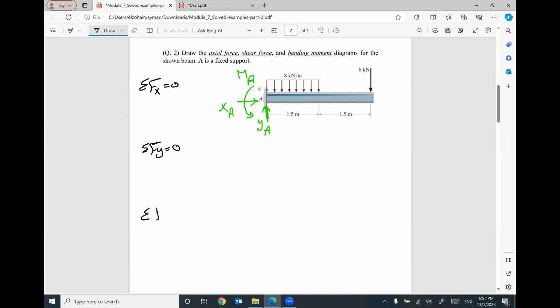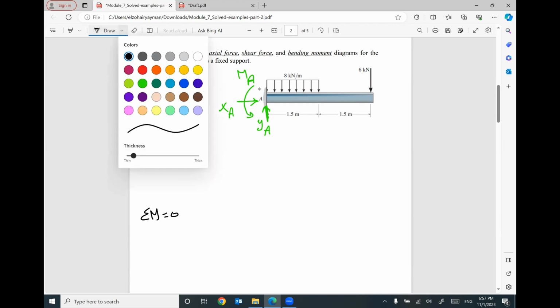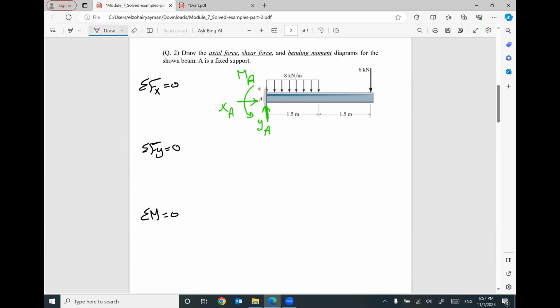Summation moment at any point equals 0. Before doing this, keep in your mind and remember, we have uniform distributed load, so I have to convert it to equivalent. 8 times 1.5 will be 12 kilonewton. And this distance will be 0.75. And this distance will be 0.75.